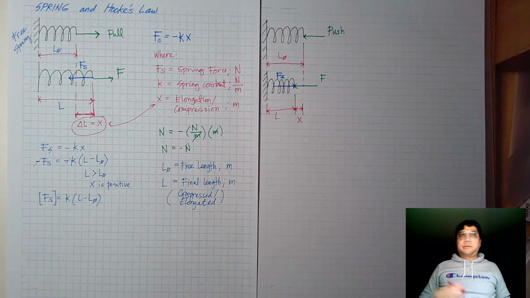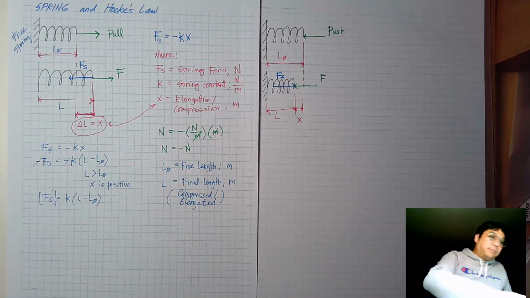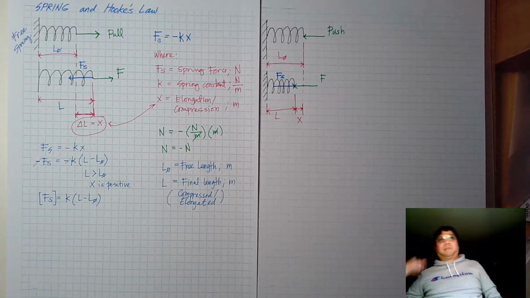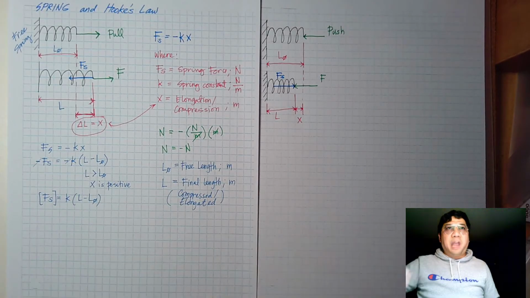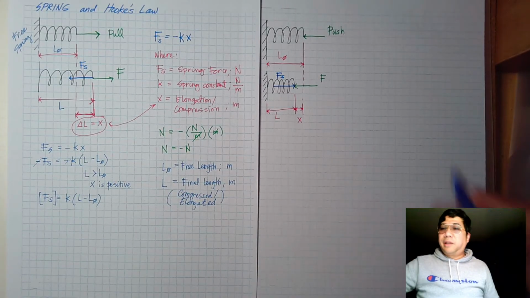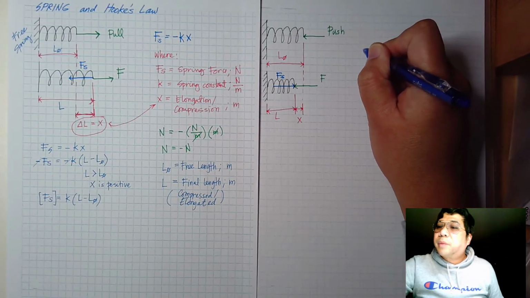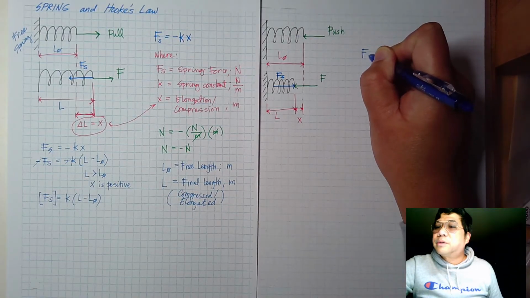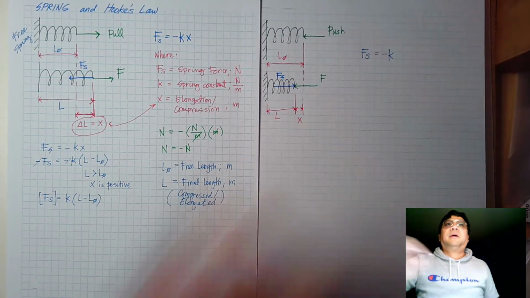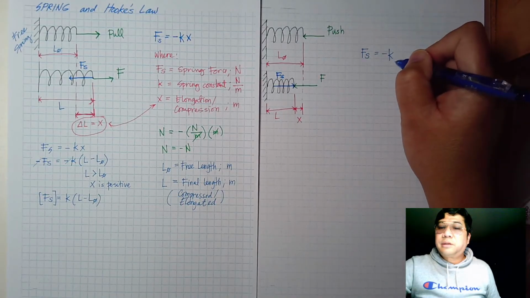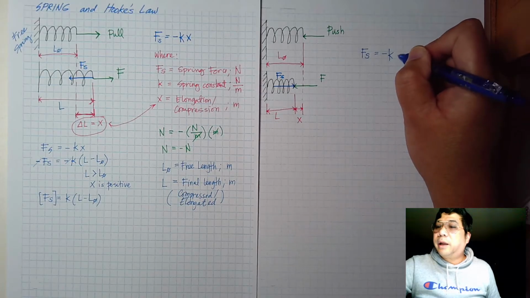So that's your X. Now let's apply the concept of Hooke's law. Let's see if we will still get the same result having positive and negative. So right here, I have the spring force Fs, which is negative K, the spring constant, multiplied by the X.